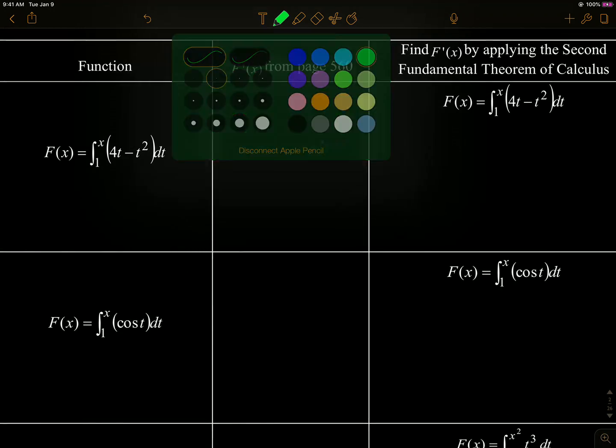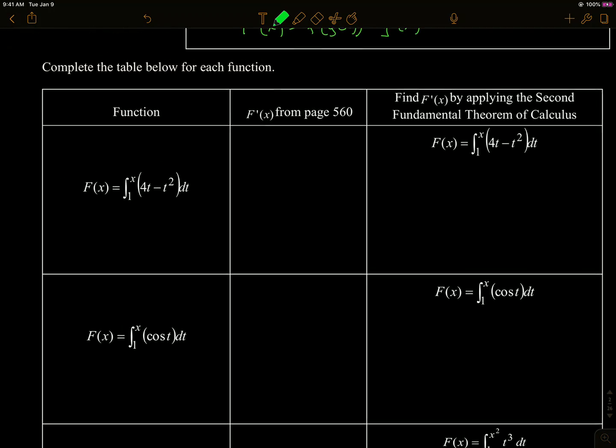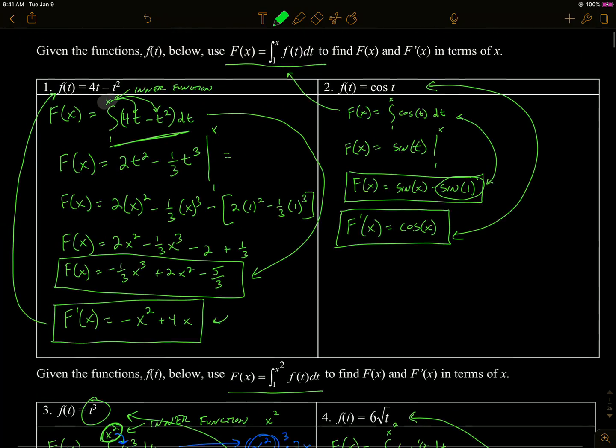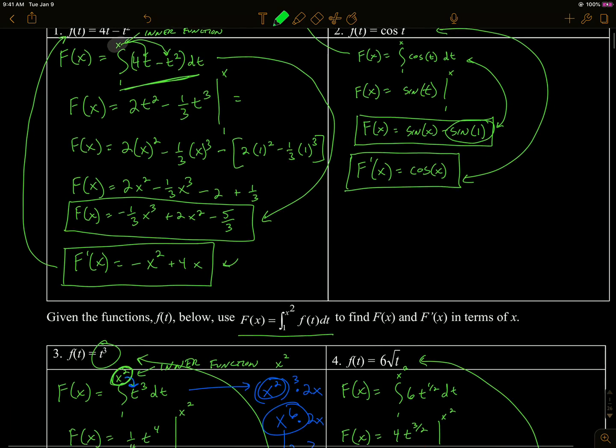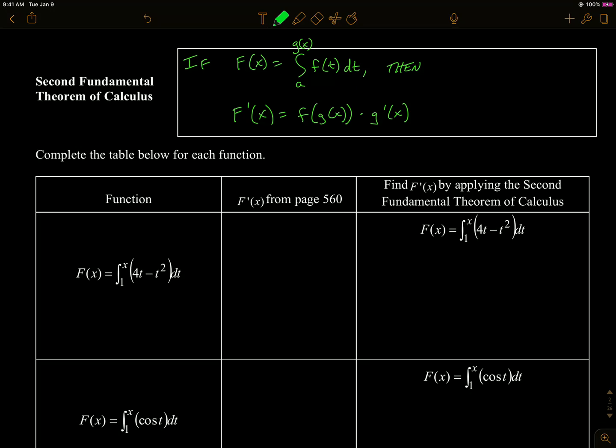All right, so this is the connection we're making. So what's the derivative from the last page that we did? The derivative on the first one, I'm going to write it in a better format. I'm going to write it as 4x minus x squared.